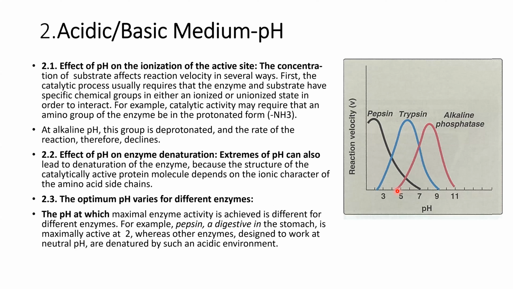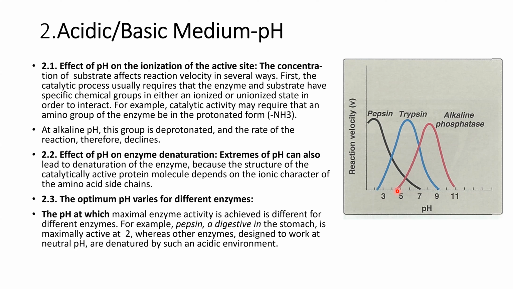For example, the physiological pH of our bloodstream is 7.4, give or take a little, but it is a neutral pH. But when we talk about our digestive system or the stomach, that has a highly acidic pH. So there are three factors which are directly linked with the pH.